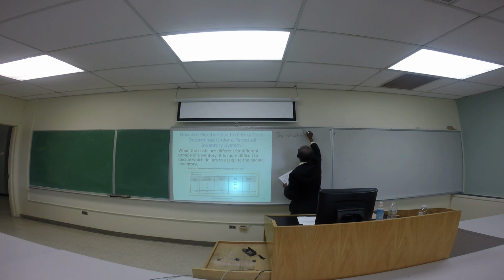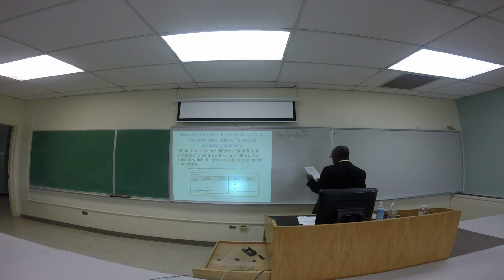So this is the cost, all right? So the cost is $10 a unit, and in January we purchased 100 units. So we wind up paying $1,000 for the 100 units.